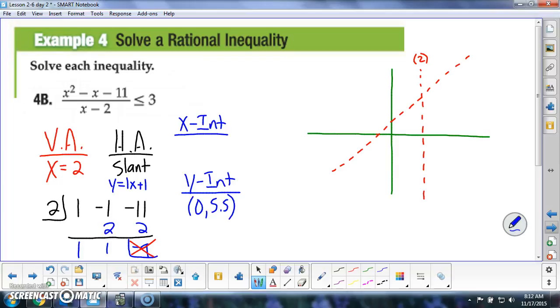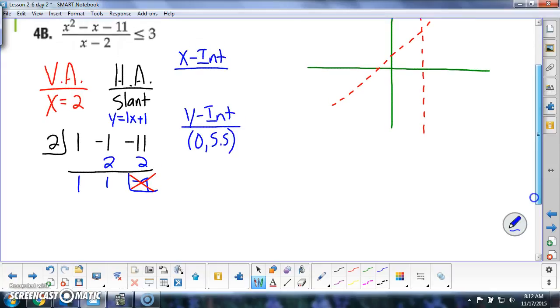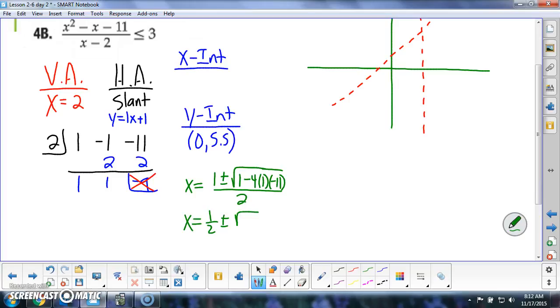So for the x-intercepts, let me use the quadratic formula down here. It looks like we're going to get 1/2 plus or minus the square root of 45 over 2.